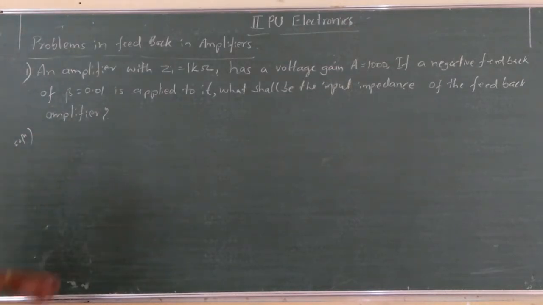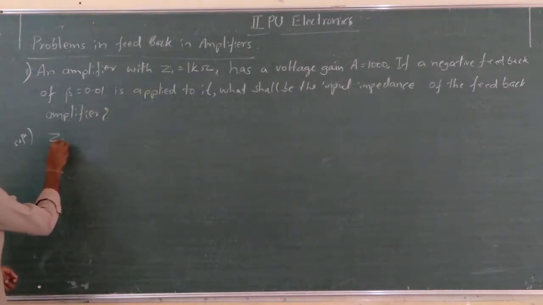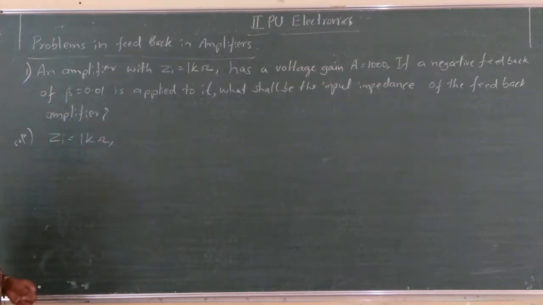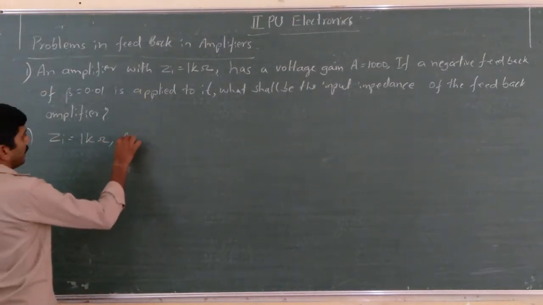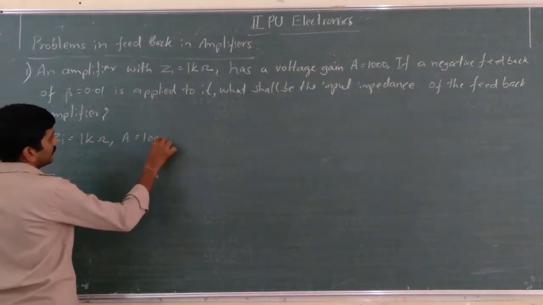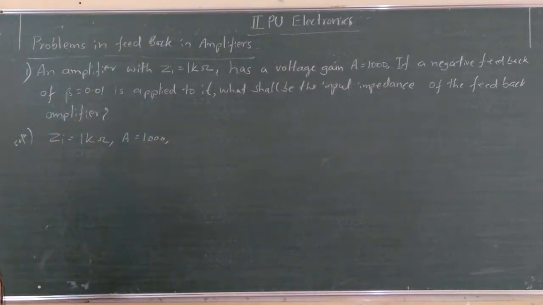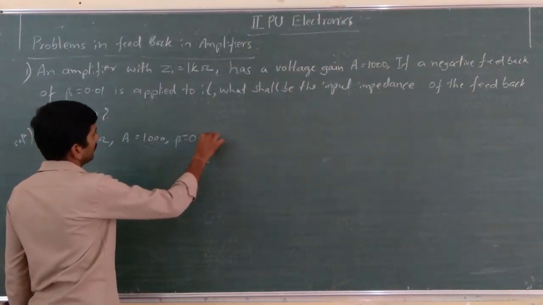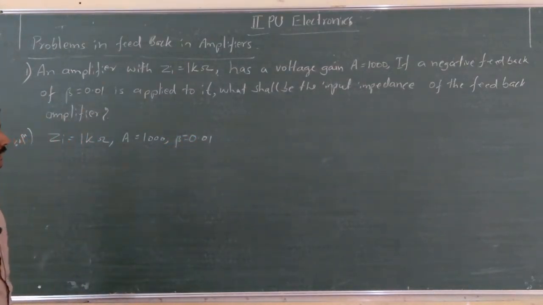Solution: an amplifier has input impedance Zi equal to 1 kilo ohm and open loop gain of 1000. Voltage series negative feedback is applied with the feedback fraction of 0.01.